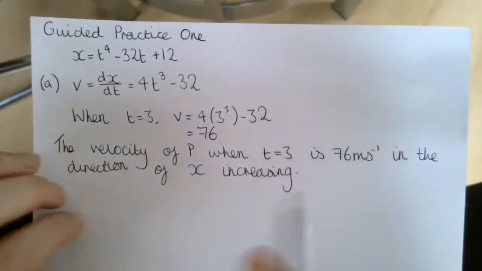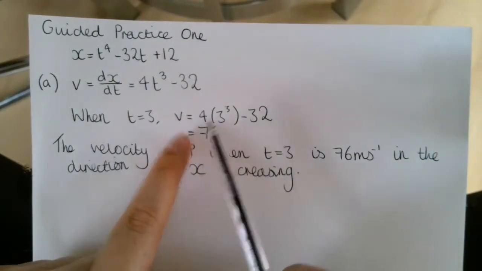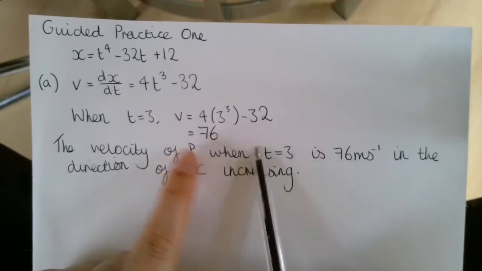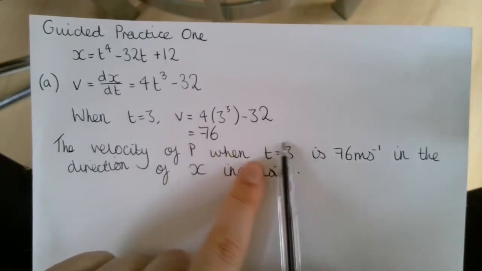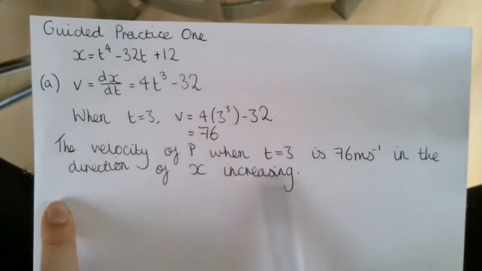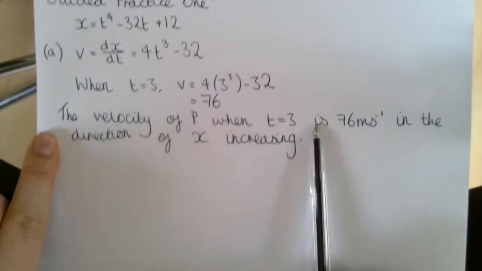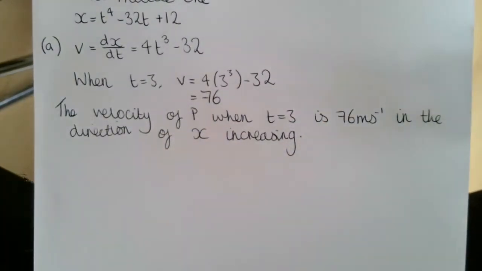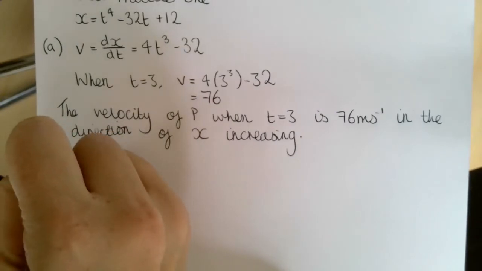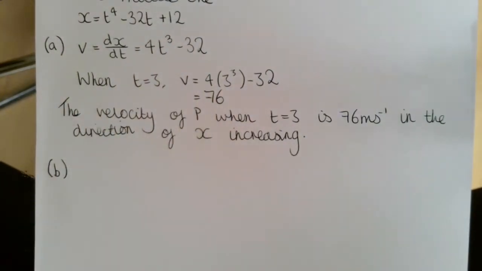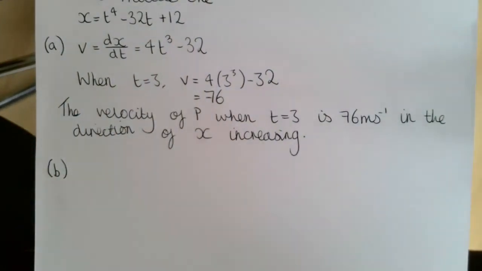The reason why we're in the direction of x increasing is because we've got a positive answer. If we'd had a negative answer, we'd know that the particle would be moving in the negative direction, so when x would be decreasing.